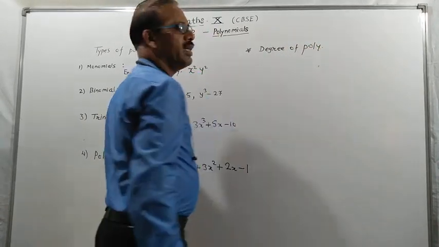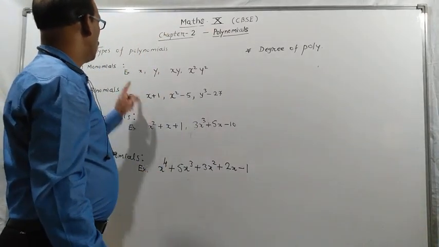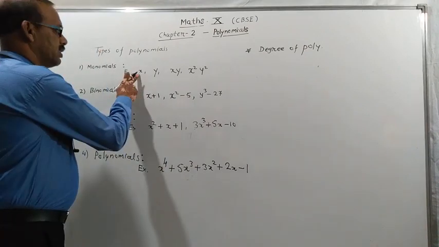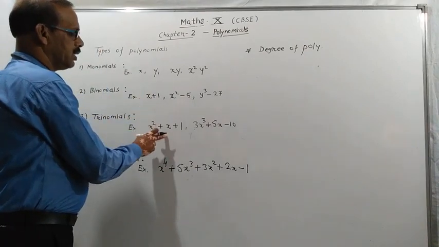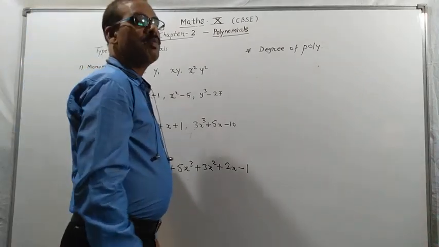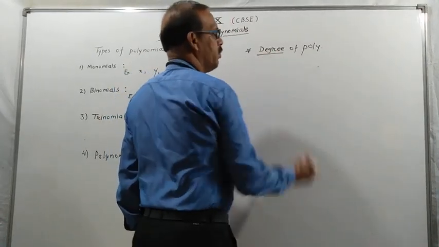What do you mean by the degree of a polynomial? This is an important point. If you take any example, whether it contains a single term, double term, triple or more than three terms, we check the power of the variable, which is related to the degree of the polynomial.